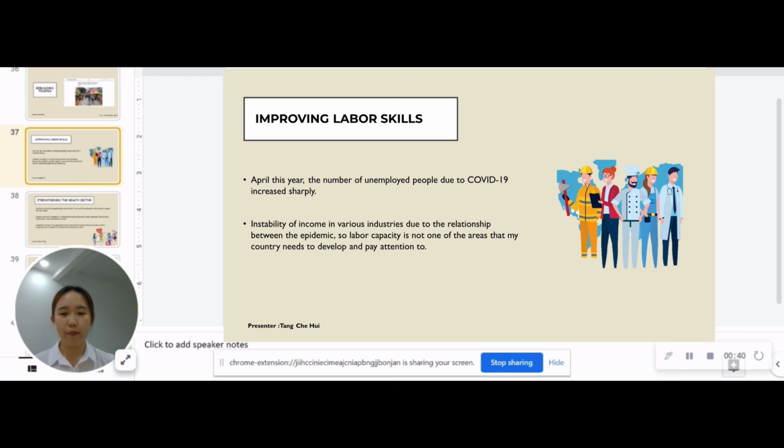So labor capacity is not one of the areas that my country needs to develop and pay attention to. We don't know when the COVID-19 problem will return to normal, so we cannot rely on it for boosting our economic growth.